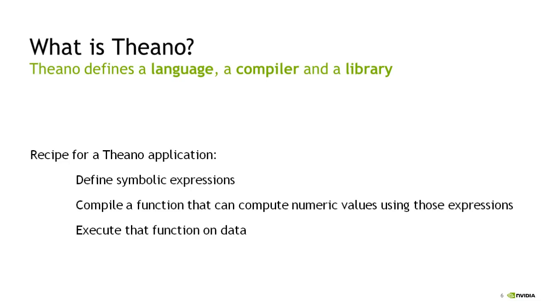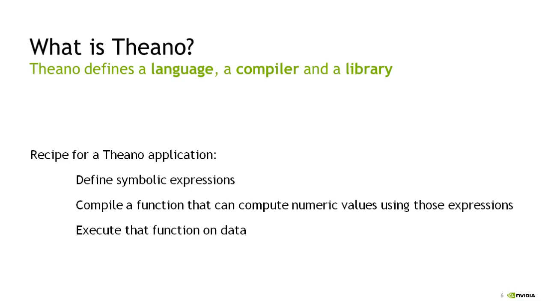And then there is a library of functions that you can use within the language that make it easier and more concise to define symbolic expressions. So for example, if you're building a convolutional neural network, there's a convolution function, and if you're building any neural network, there are various activation functions that you can call upon from the library.